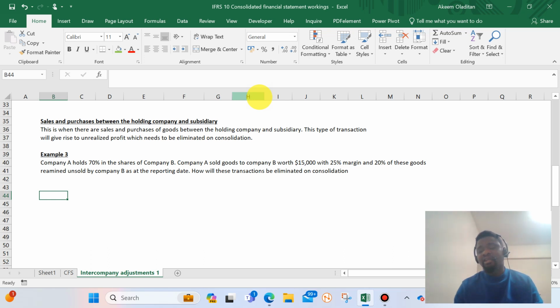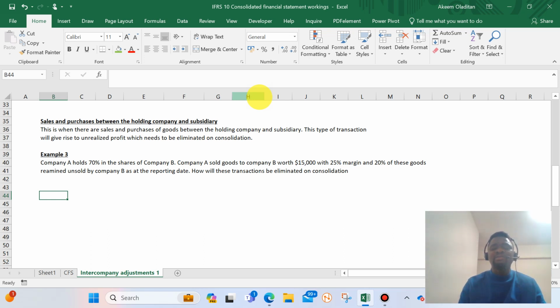In this type of transaction, it is expected that we have what we call unrealized profit. I'll tell you why. Because when an entity sells goods to another entity, it is expected that the entity will realize profit as a result of the sale, because you can't just sell at your cost price.